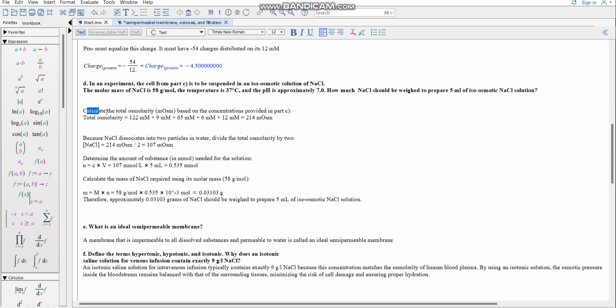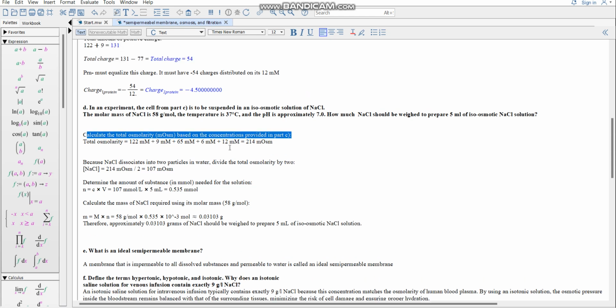First thing we do is calculate the total osmolarity based on the concentrations provided in C. Okay, so the total osmolarity is given here. Now we also know that sodium chloride dissociates into 2 particles in water, so we divide the total osmolarity by 2.